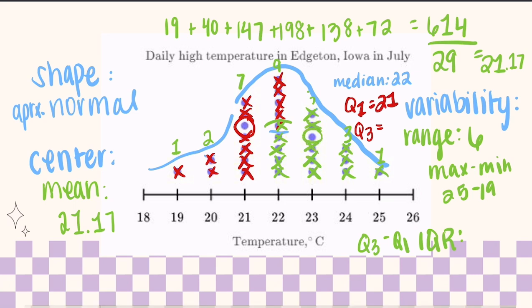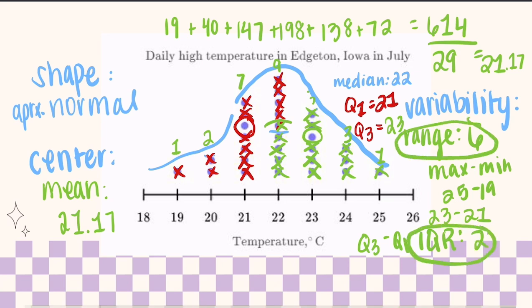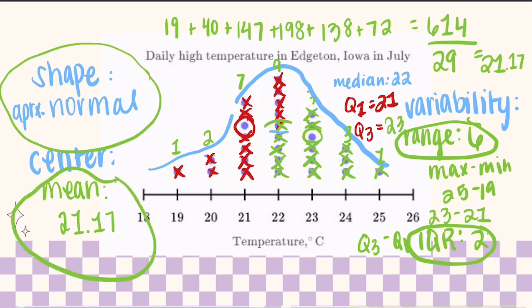We got to the median, which is going to be 23. Then we do 23 minus 21, and that's going to give us 2. So there we have our IQR, our range for our variability, our mean, and our shape.